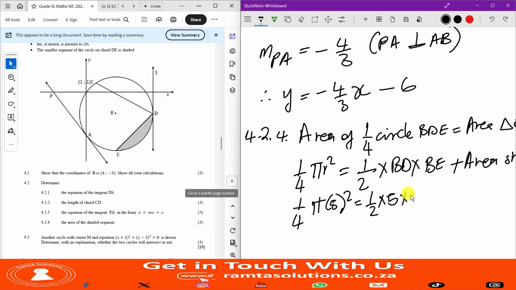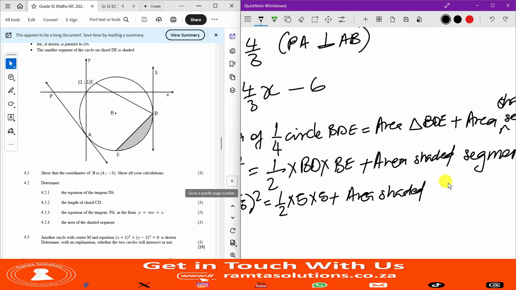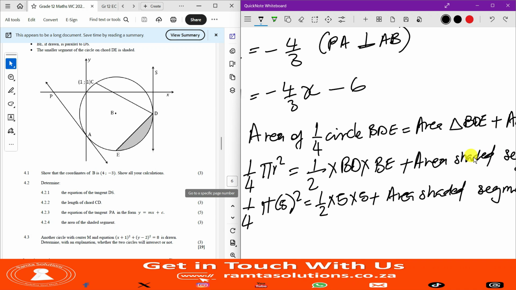It is 5. BE is 5 plus... area of the shaded segment. So you will agree with me that the area of the shaded segment is the quarter circle, which is 0.25 times pi times 25, minus 25 times 0.5.